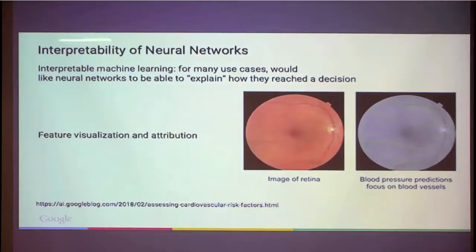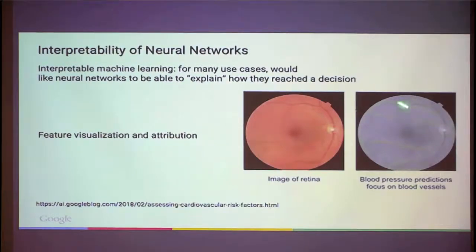There's also interpretability, which is trying to get neural networks to explain how they reach a decision. This is an example from one of the really nice success stories of deep learning in medicine, diabetic retinopathy, a project done at Google.